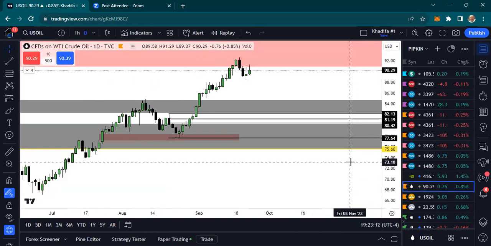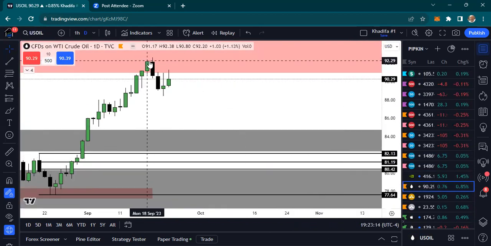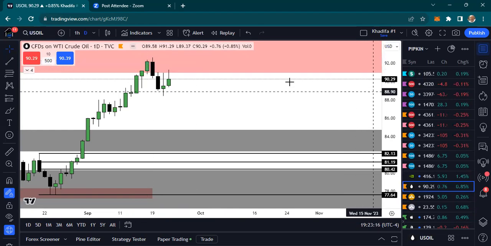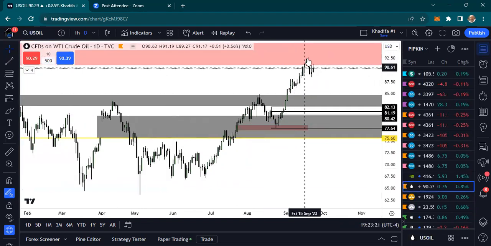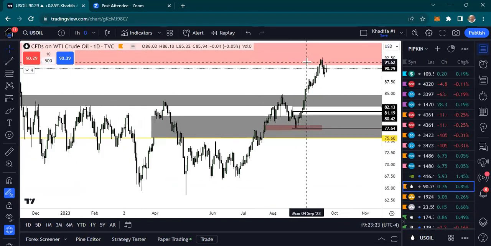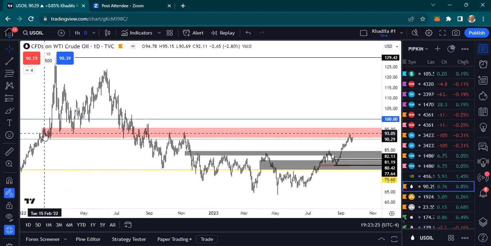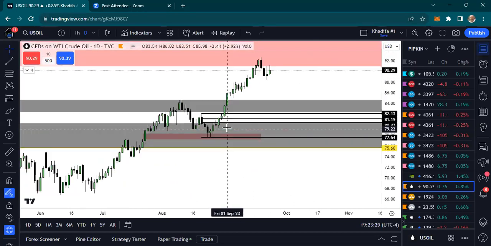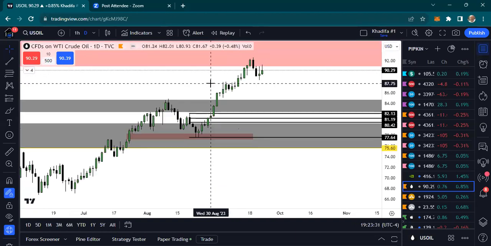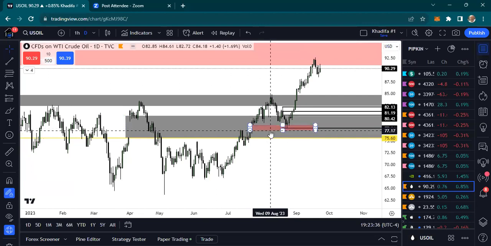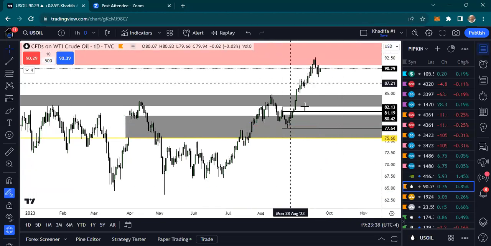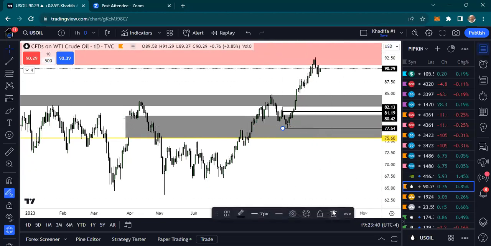Looking at oil, we came up into this structure here, right? From way back when, February of 2022.